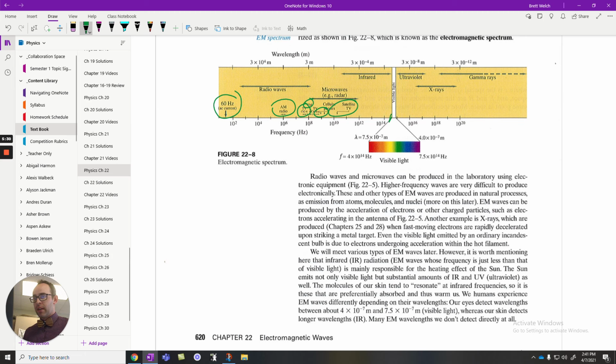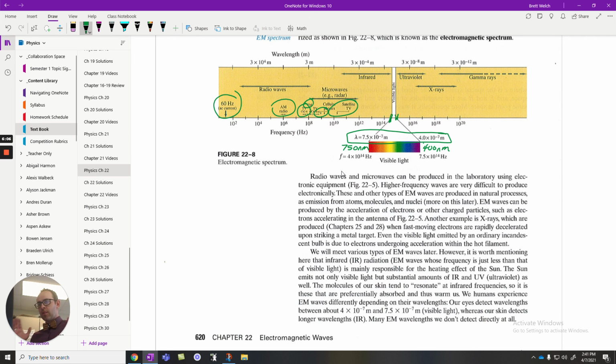Way over here, between 4 times 10 to the 14th hertz and 7.5 times 10 to the 14th hertz is our visible spectrum, everything from 7.5 times 10 to the negative 7 to 4 times 10 to the negative 7 meters of wavelength. We'll typically talk about wavelengths in nanometers, from 400 nanometers up to 750.